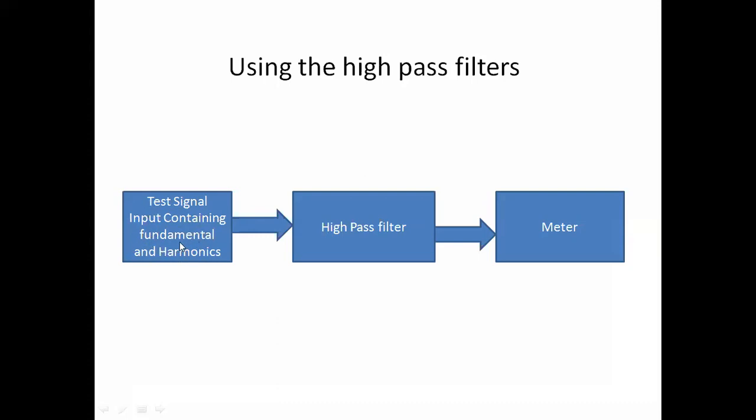The test signal whose total harmonic distortion is to be determined is applied to the high pass filter. That test signal consists of both fundamental and harmonic frequency components. So actually it is a distorted waveform.